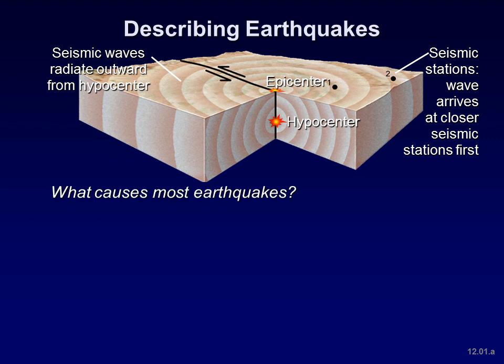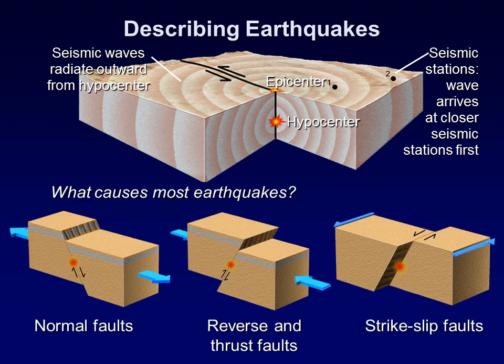Causes of earthquakes. So we've got 3 different types of faults here, and the small black arrows show relative movement along the fault. The blue arrows show stresses applied to the block that cause the block to move. On the left, the stress is tension, just like when we talked about divergent boundaries, but this is on a smaller scale.